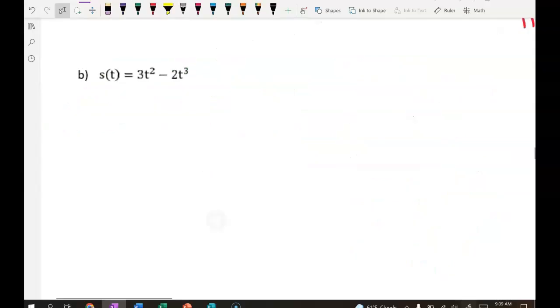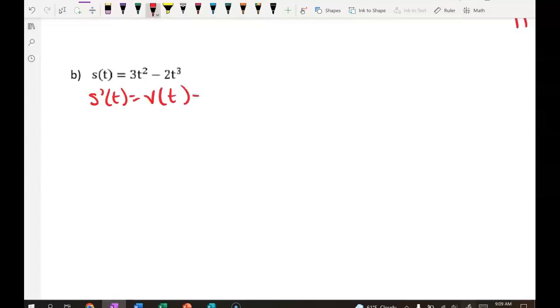So let's try that. First derivative, which is your velocity, is 6t minus 6t squared. We're going to write that down first. So velocity equals 6t minus 6t squared.